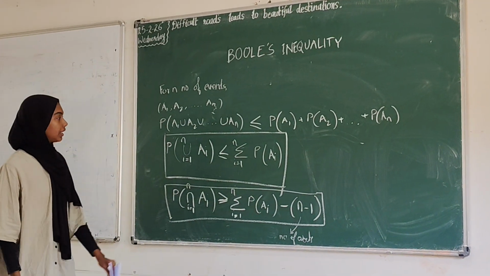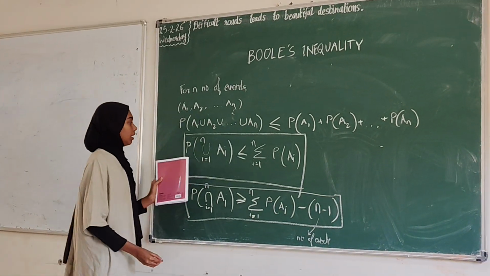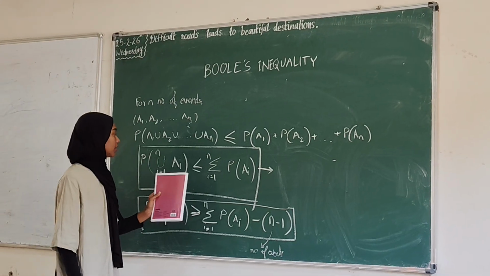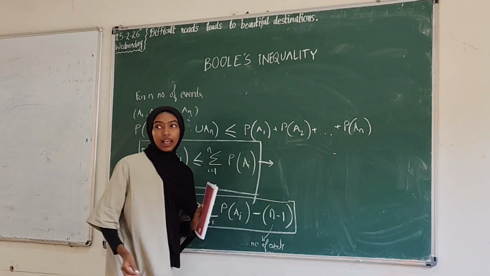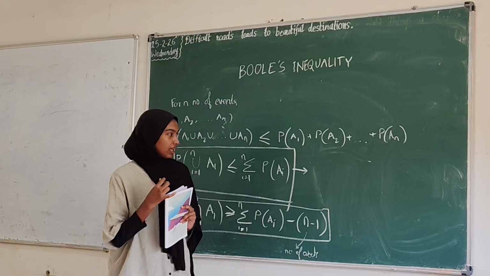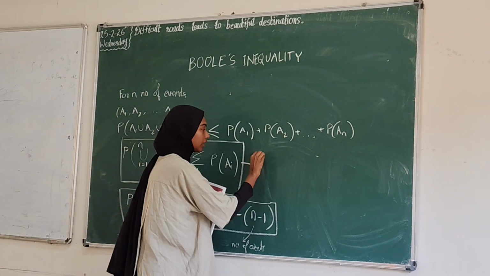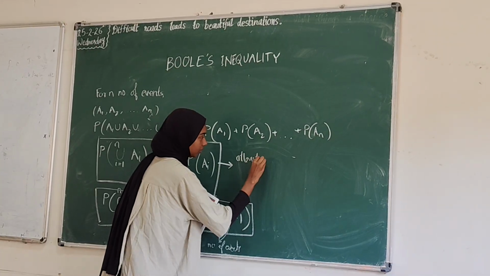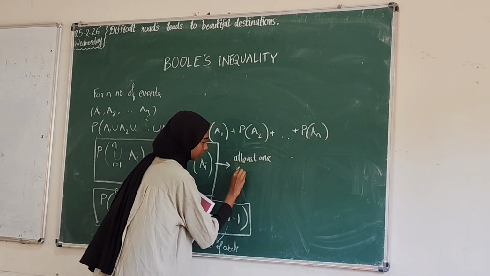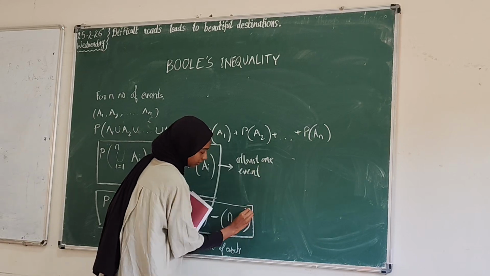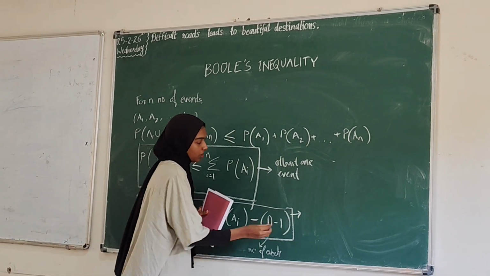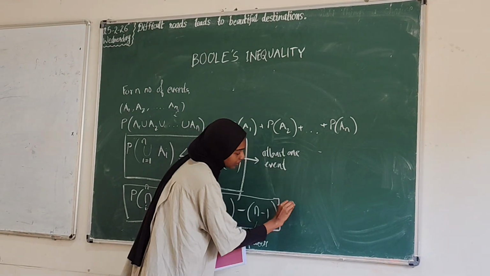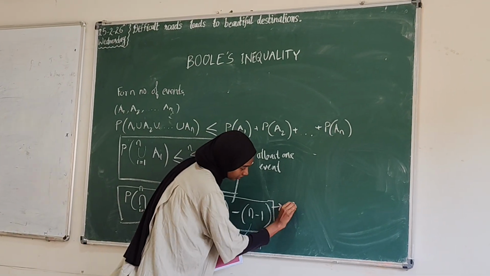I will tell you when these two are used. The first is usually used when we have to find the probability that at least one of the events occurs. The second is used when we have to find the probability that the events occur simultaneously, together.